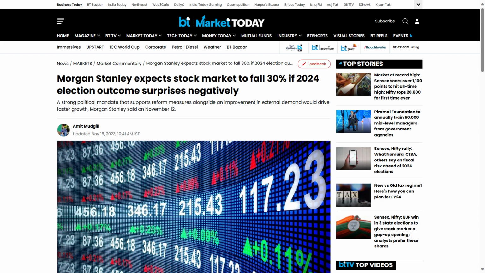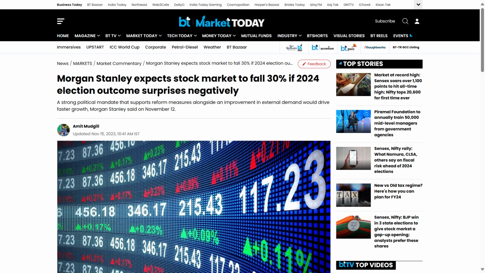Apart from that, if you talk about investments, Morgan Stanley is a very important investment firm in the USA. They had recently said something about the Indian stock market. This was a very big statement. I don't know how true it is. It is just their claim. According to them, the Indian stock market may fall by 30% in 2024 if the election results are surprisingly negative.